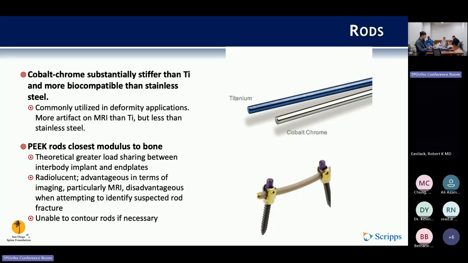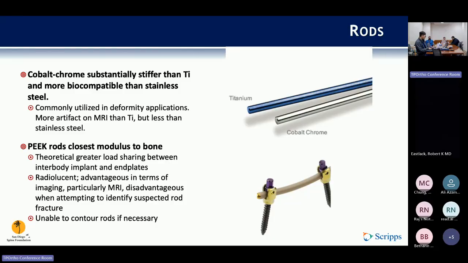As I mentioned earlier, titanium rods are used often as they hit a biomechanical sweet spot closest to the cortical bone. They're more flexible than cobalt, reduce stress shielding, and also produce less imaging artifact on advanced imaging like CT and MRI.